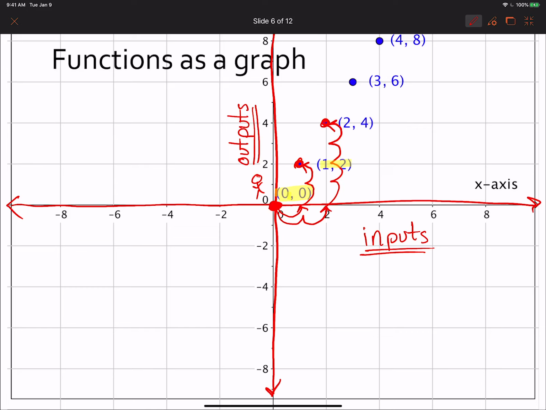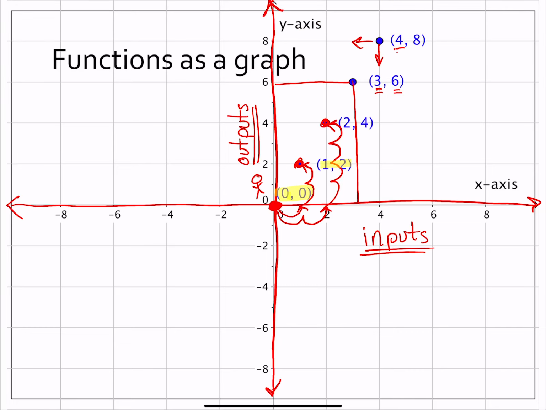So that's how we got 2, comma 4. Here it's the same thing. We're going over and up, and it's 3, comma 6. And here it's the same thing. We're going over and up to get 4, comma 8, or an input of 4 and an output of 8.